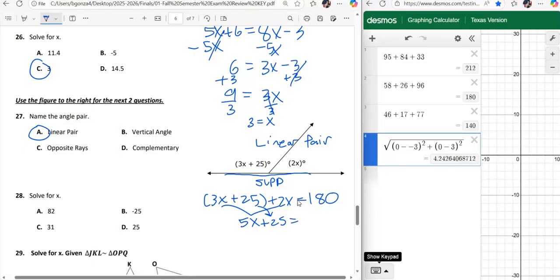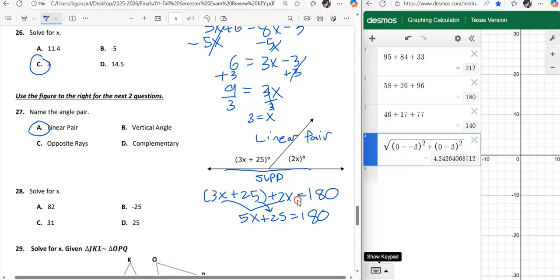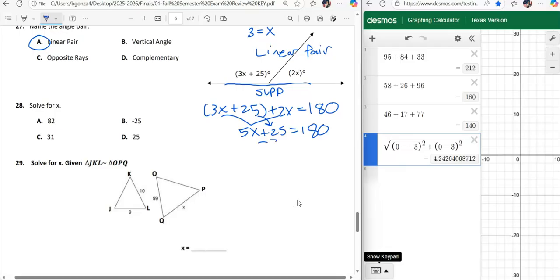Bring down plus 25 equals 180. And now you can get rid of that loner 25 by subtracting 25. And you get 155. Get rid of that coefficient by dividing, and you get 31 for x. Cool?